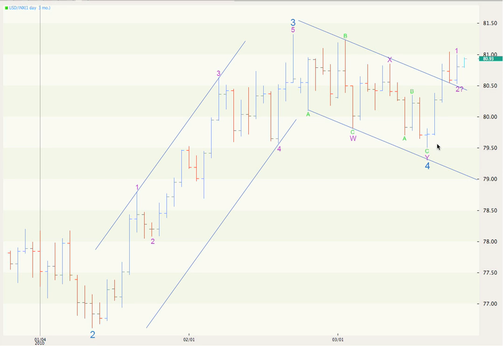An upwards target for this wave 5 blue, I have about 84.22, will give wave 5 blue an equal length with wave 1 blue, which I showed you on that previous chart going back 3 years. Because wave 3 was longer, it's extremely likely that wave 1 and 5 will reach equality in length. As we get towards the end, I can refine that target a little bit more accurately, we hope.